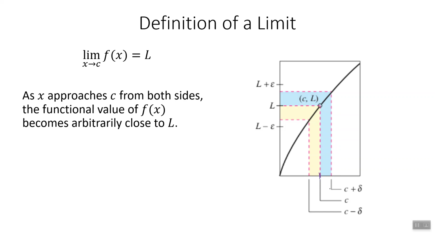If we go a tiny bit above c, and we're going to use the symbol delta, that is a lowercase delta, and we're going to go a tiny bit below c, again another lowercase delta, and delta is just some number greater than 0. It's very small. Then we're right around here if we plug it in, and we're up here if we plug it in.